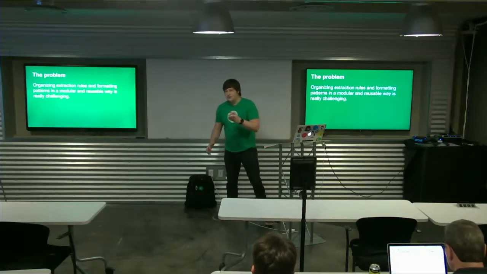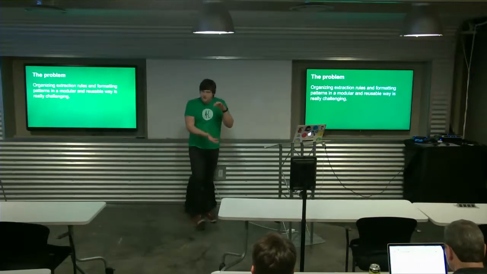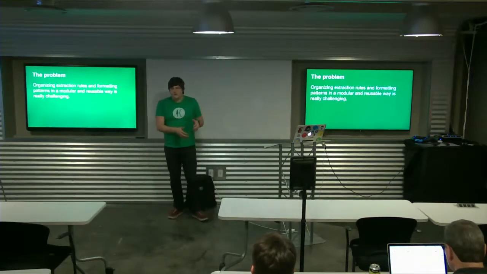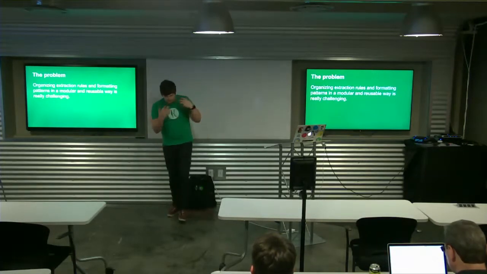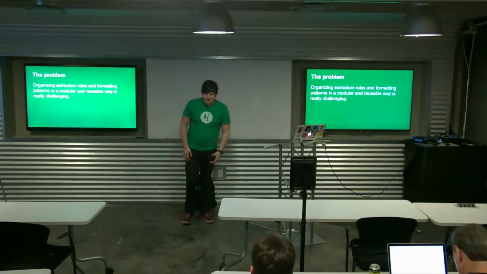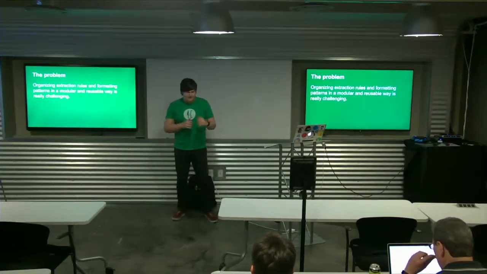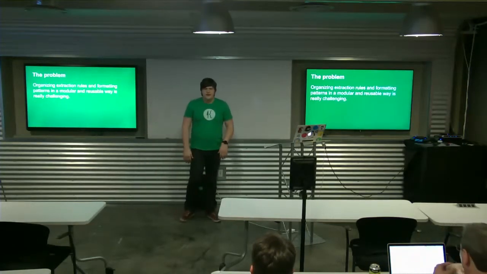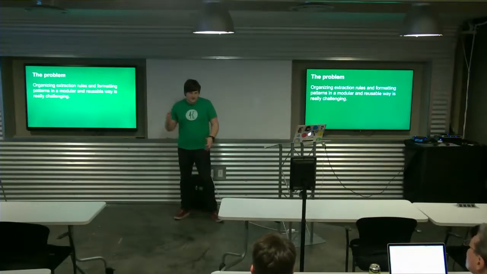And organizing all the extraction rules and the formatting rules that we have is easy when it's a small amount of code, but when it gets really big, then it really becomes frustrating. You create this code base, and you define these patterns for getting this data out of these objects. And then you go on doing some things, and you have to extend it.